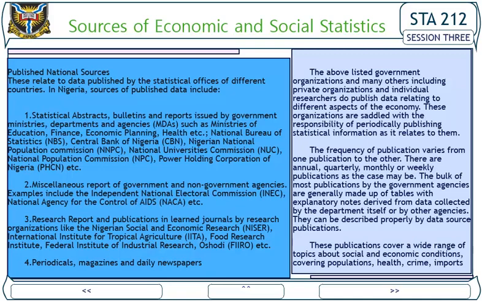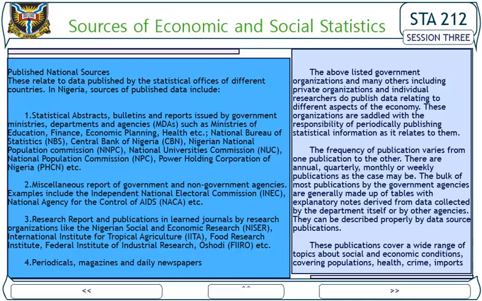There are annual, quarterly, monthly, or weekly publications, as the case may be. The bulk of most publications by the government agencies are generally made up of tables with explanatory notes derived from data collected by the department itself or by other agencies. They can be described properly as data source publications.